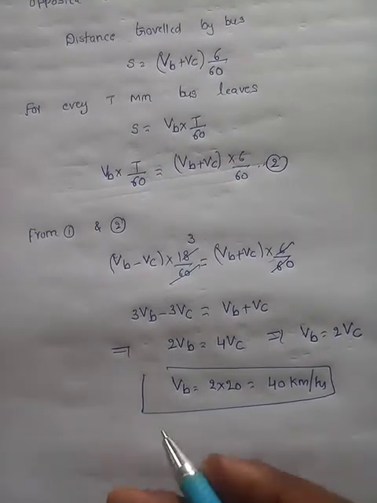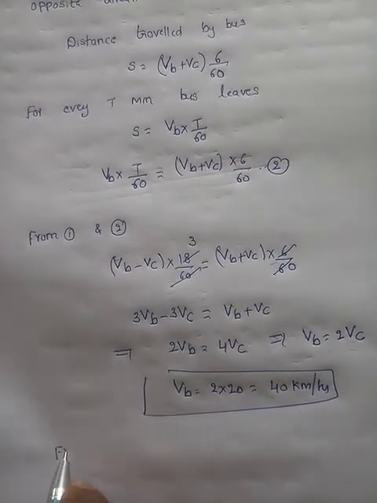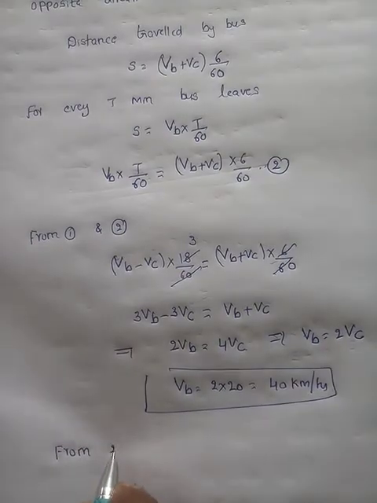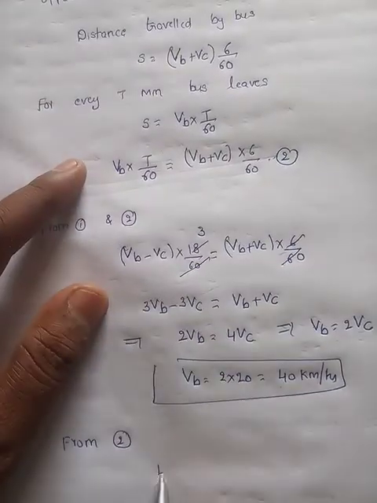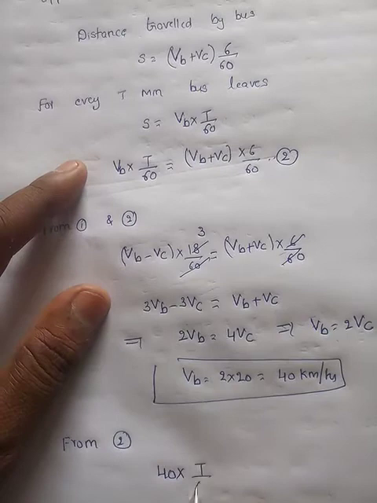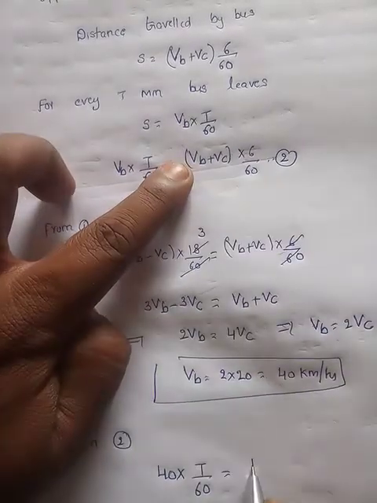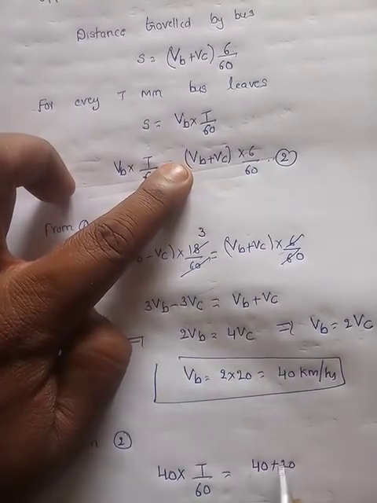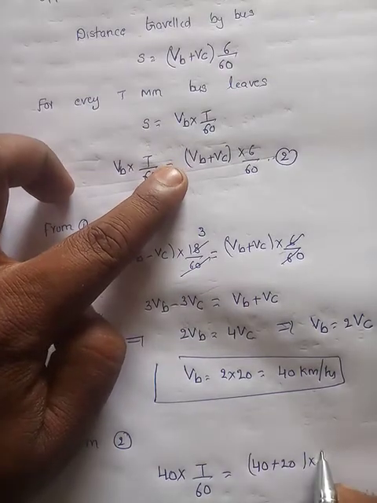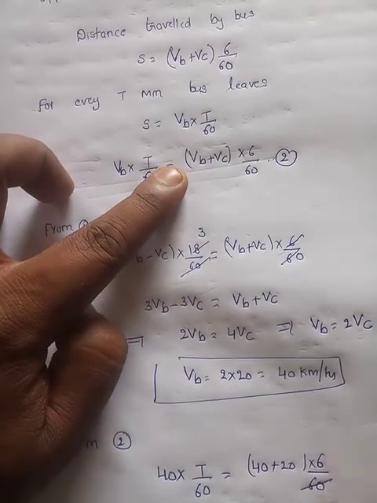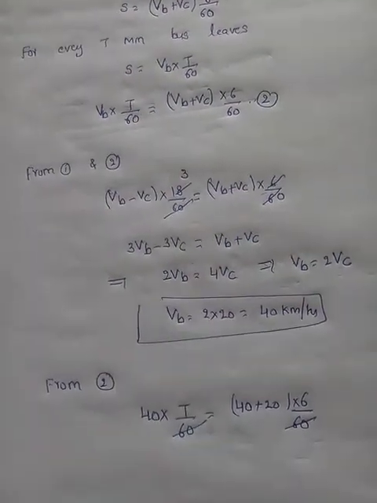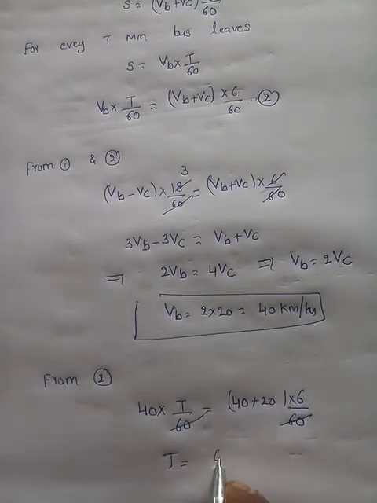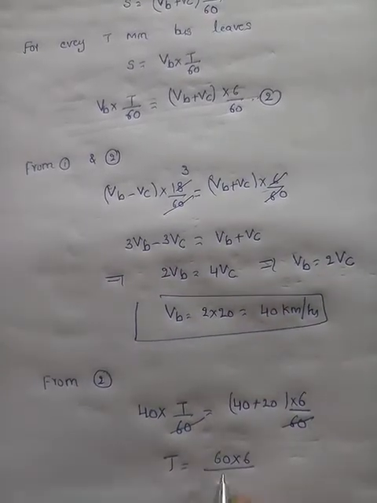Next, we can substitute in either equation 1 or 2; let us use 2. VB is 40, VC is 20: 40 into T by 60 equals 60 into 6 by 60. The 60s cancel. What remains? T equals 60 into 6 by 40.